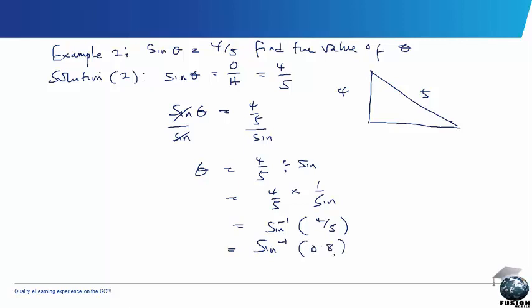If you want to do this computation using your calculator, you can quickly press the shift button, then press the sine key, then introduce a bracket, put in the digits 0.8, and strike the equals key, and it gives you that sine inverse of 0.8 is 58.1301, which is truncated to 58 degrees.